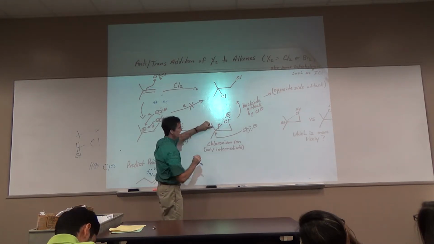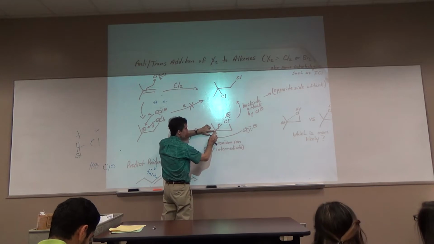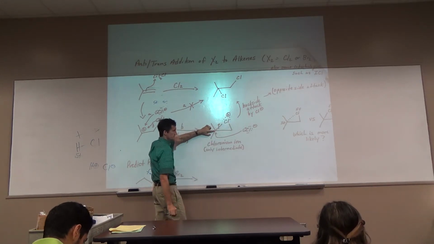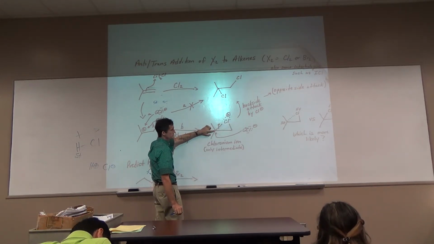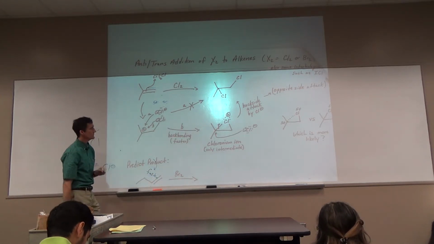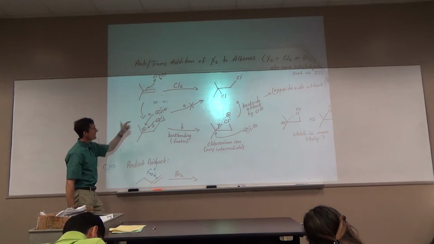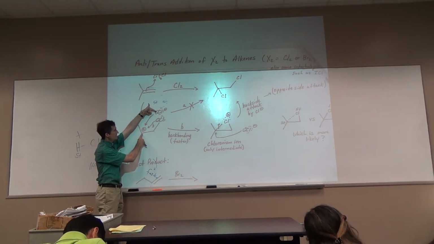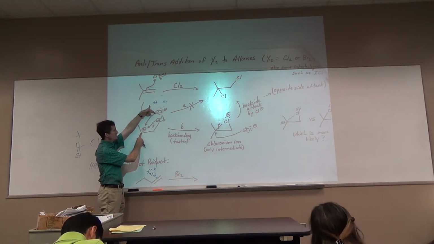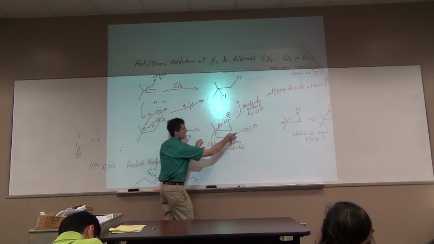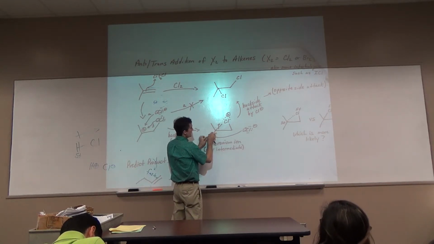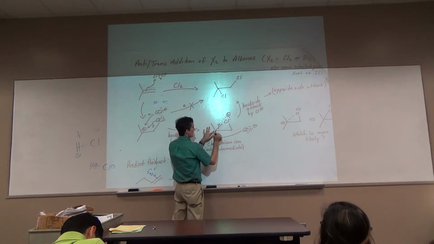Now, this is attacking a carbon and kicking off a leaving group. Why would it attack that carbon? We know why this chloride would attack this, because it's a plus. Minus attacking plus. But why would this attack here? Well, it's not a formal plus, but it's got a lot of plus.